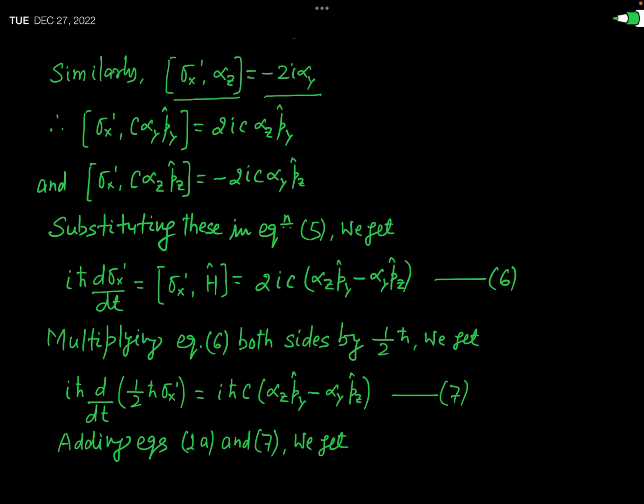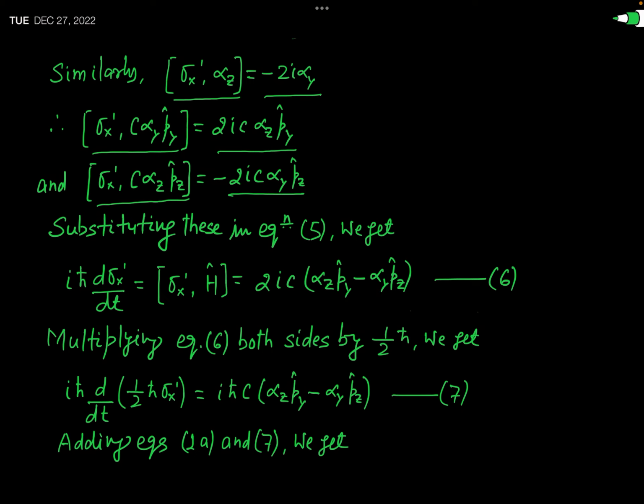So now in our equation, the commutator is of sigma x dashed and c alpha y py, and we have obtained the commutator of sigma x dashed and alpha y. So this commutator will be simply 2ic alpha z py. And the commutator of sigma x dashed and c alpha z pz will be equal to minus 2ic alpha y py.